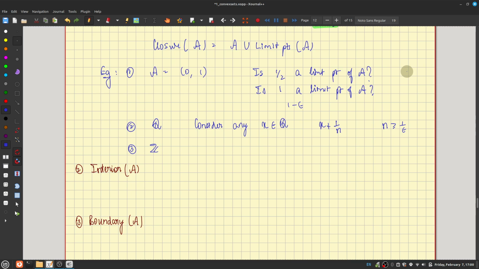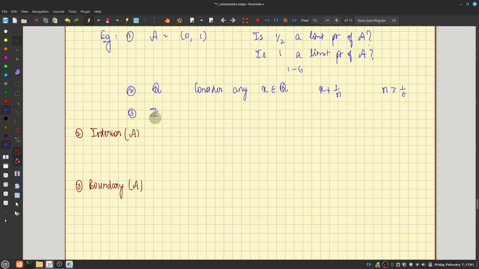The only point that I wanted to bring to your attention is that a limit point could be a point within A. A limit point could be a point outside A, but not every point of A necessarily has to be a limit point of A. Okay, just keep that in mind.